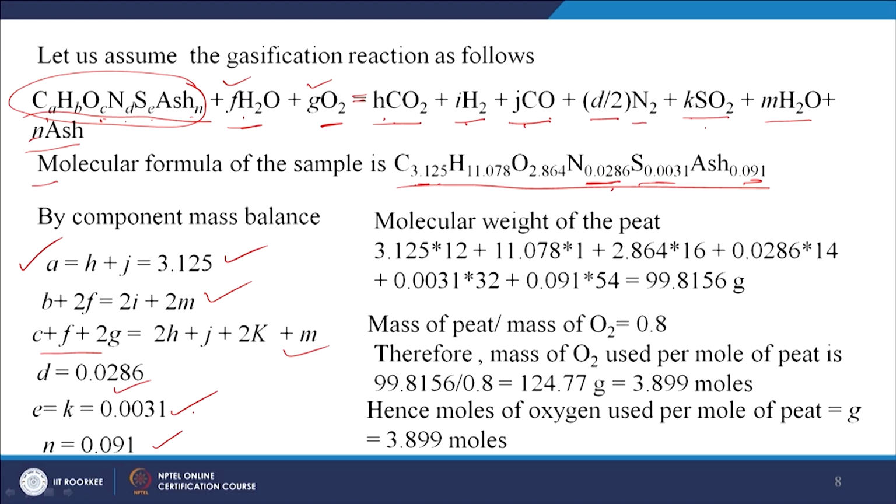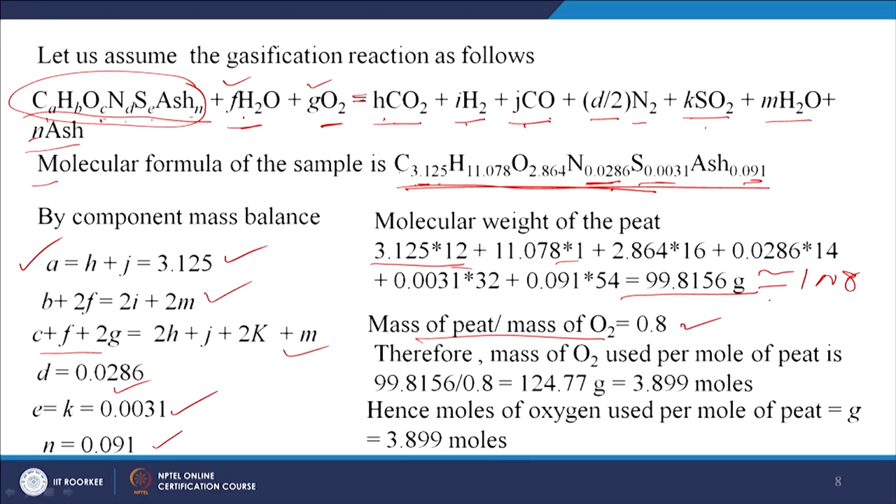Now, some of the coefficient values we have come to know, the rest we have to find out. For that, let us see the molecular weight of this. We put the value of molecular mass of this, and we get 99.81, that is, say, 100 gram. We assumed previously that we are getting a 100 gram sample. Now, mass of oxygen by mass of pit is given as 0.8 in the problem statement.